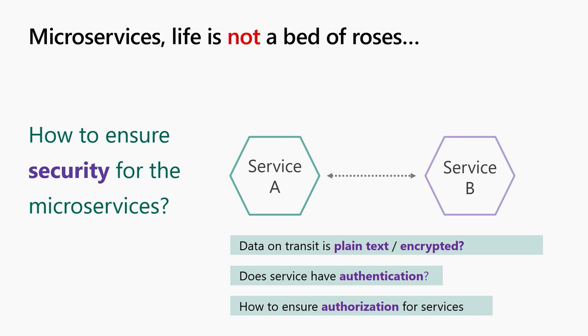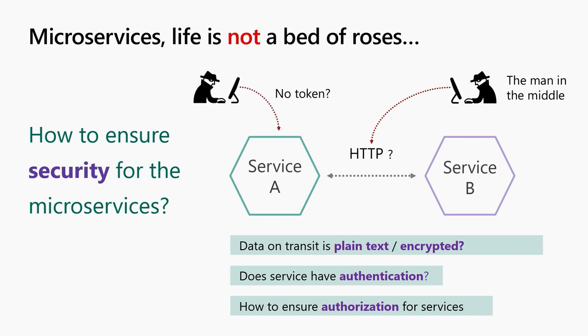For example, a man in the middle can attack the connection between service and service. It's HTTP, so how can we turn it into HTTPS for every service? And is the service secured by, for example, authorization, RBAC, role-based access control, for every service? So how can we protect that?